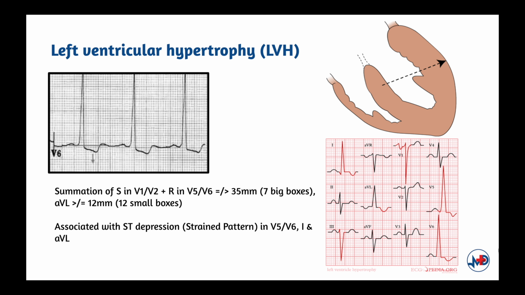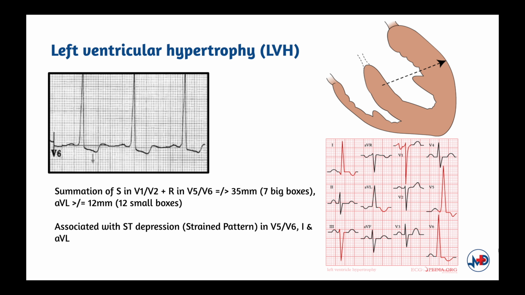Now let's look at left ventricular hypertrophy. Here we will use both the voltage criteria and the non-voltage criteria. So if we are looking at the voltage criteria, we'd want to see both the limb leads as well as the precordial leads. For the limb leads, there would be R wave in lead 1 and S wave in lead 3, which is more than 25 millimeters.